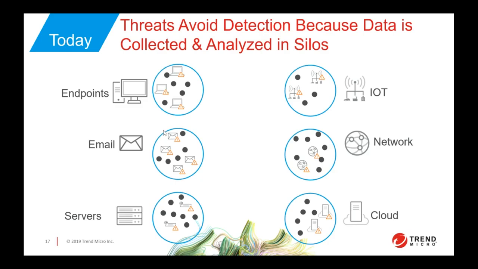In addition to endpoint detection and remediation, the EDR solution for the endpoint, we have already integrated the EDR solution with all the products mentioned here. Email is also integrated, servers are also integrated, as well as cloud workloads and network IoT.